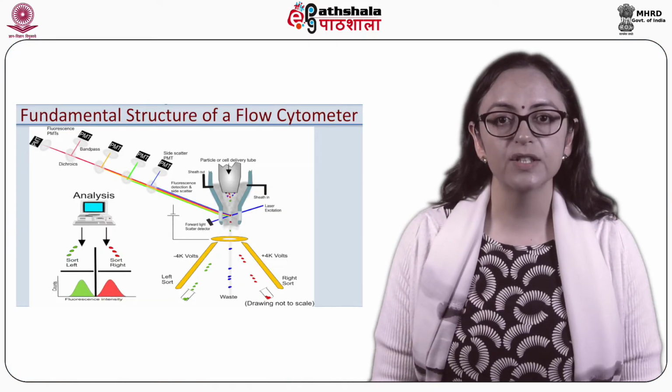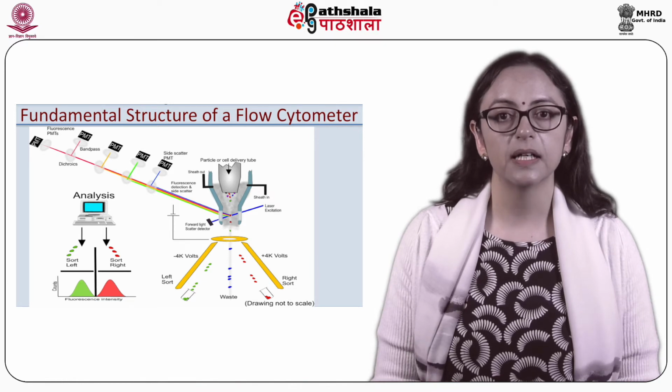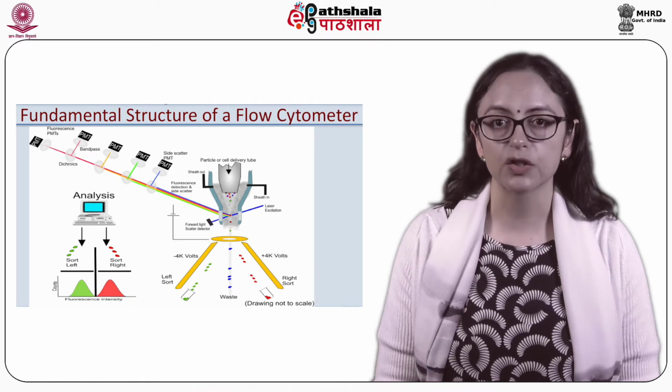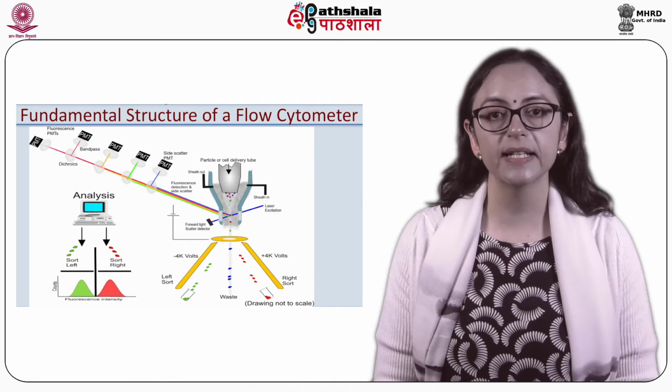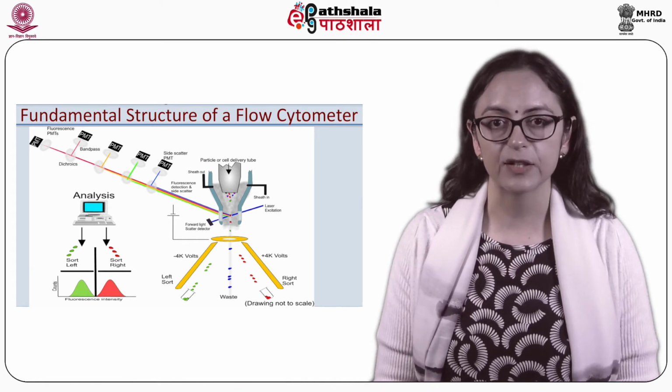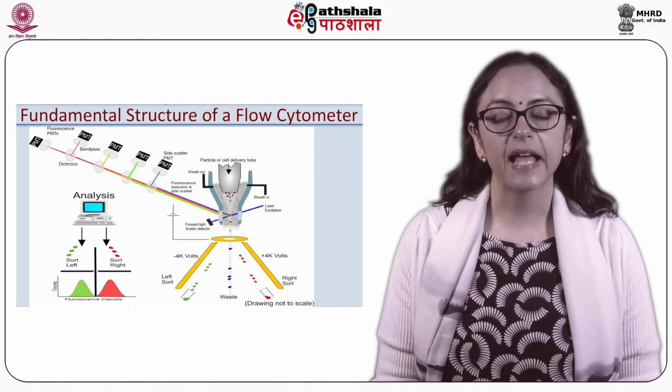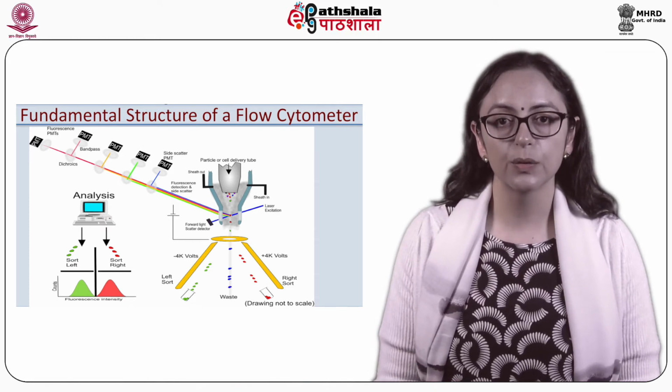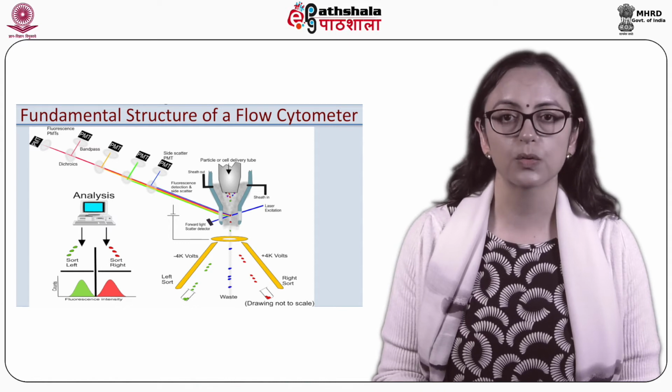So, this is a bench diagram showing the layout or basic structure of a flow cytometer. The fluidics, where the sample is injected, the cells in single suspension are injected and carried by sheath fluid to the light source, being a laser beam.